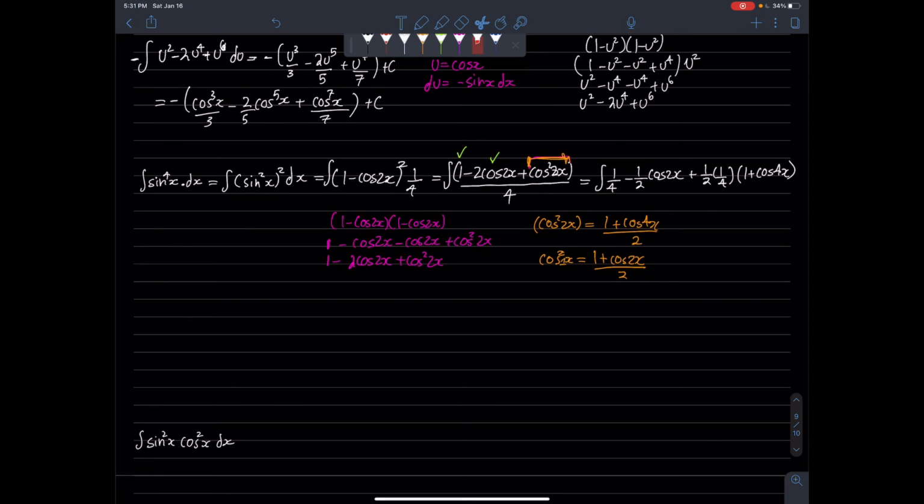So now, let's move this down so we can work on it easier. We're going to distribute the integral sign.